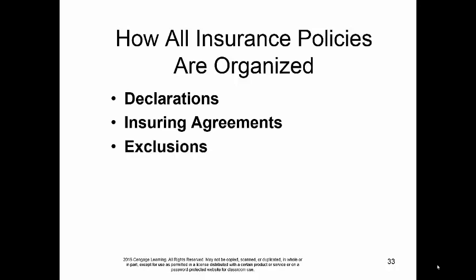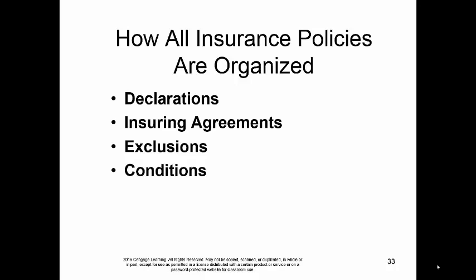Exclusions narrow the insuring agreements. They exclude certain coverages. They could exclude death from some means. Say in the event that you have had a history of heart problems, they might exclude heart attack from your coverage.